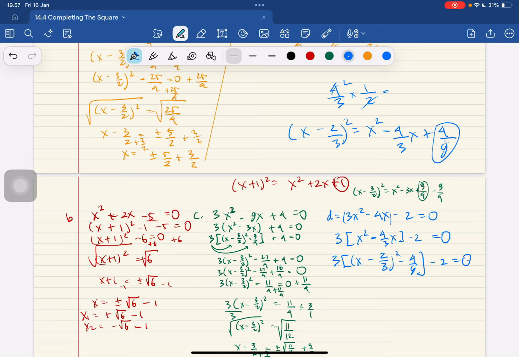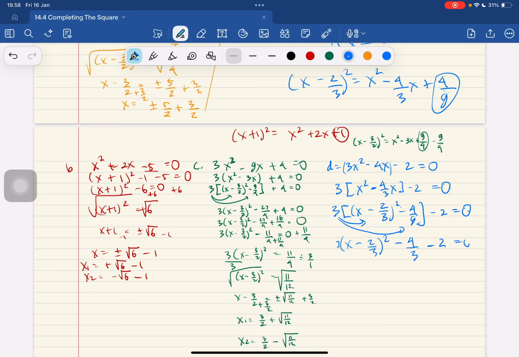Okay, let's expand this 3. Then we multiply: 3 times (x minus 2 over 3) squared, minus 3 times 4 over 9, so it's going to be 4 over 3. Then we minus 2 equal to 0. So let's proceed.